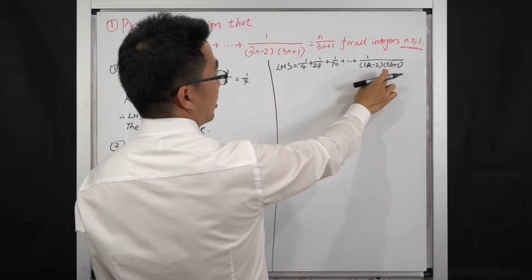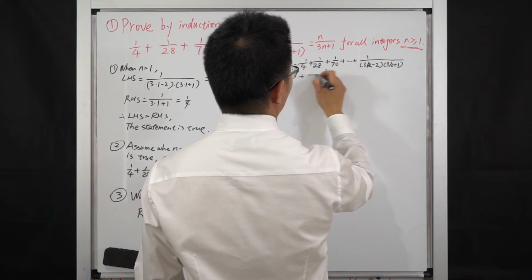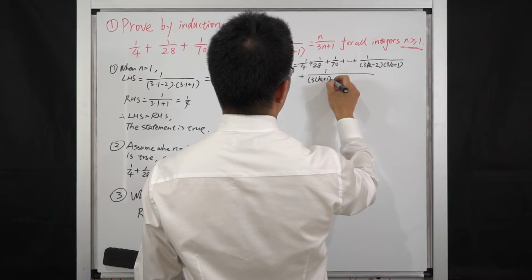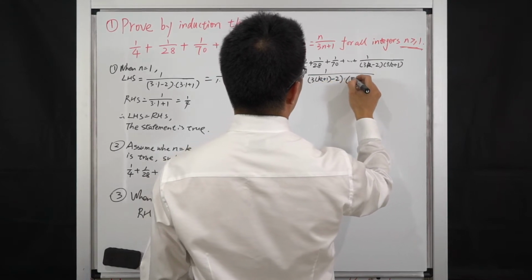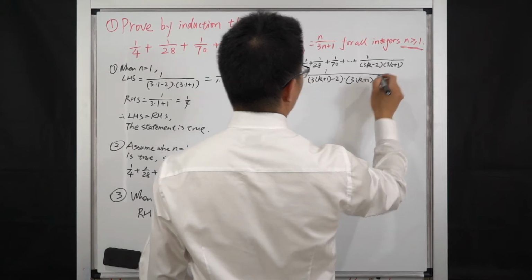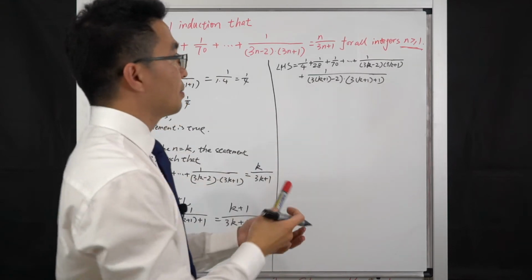Here's the second last term, and then plus 1 over 3k plus 1 minus 2 times 3k plus 1 plus 1. Here's the last term. Okay?